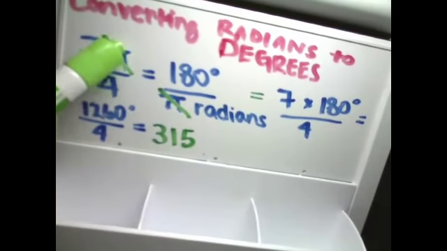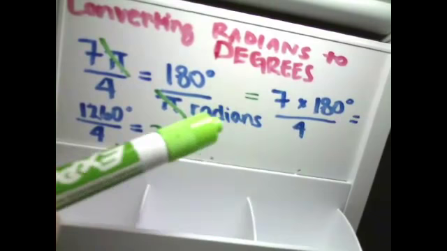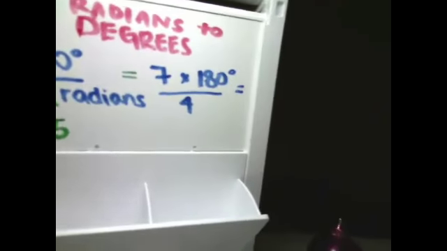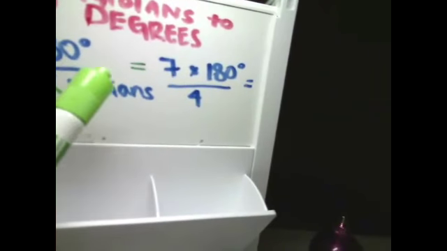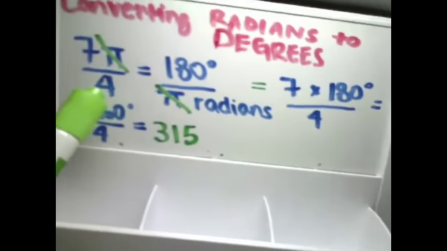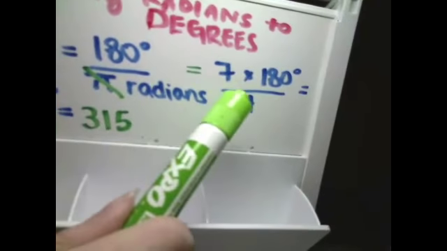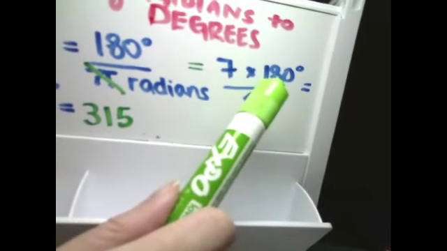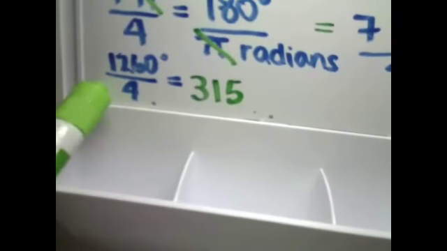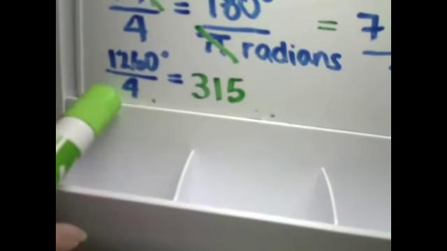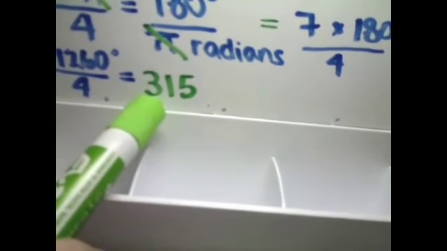So all you do is you just cross out the pi, and you cross out the radians, which will leave you with 7 times 180 degrees all over the original denominator, which is 4. You're going to multiply that, and that's going to give you 1260. And don't forget that you still have to divide by 4. And your total is going to be 315 degrees.